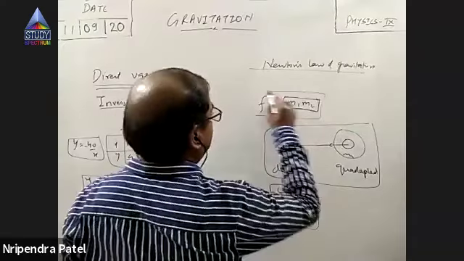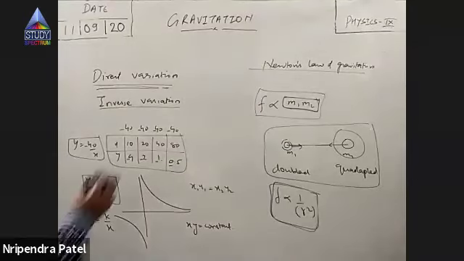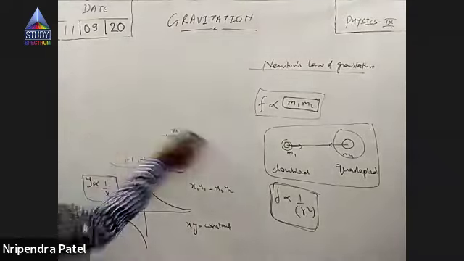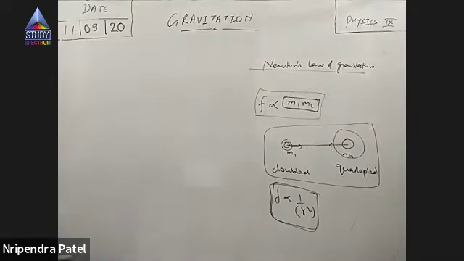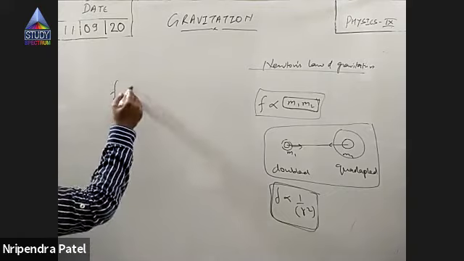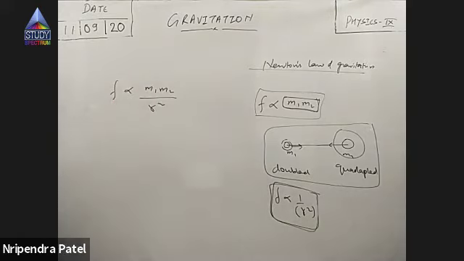So the first conclusion was F is proportional to M1 M2. The next was F is inversely proportional to R square. Now you club these two statements. If you combine them, we get F is proportional to M1 M2 by R square.